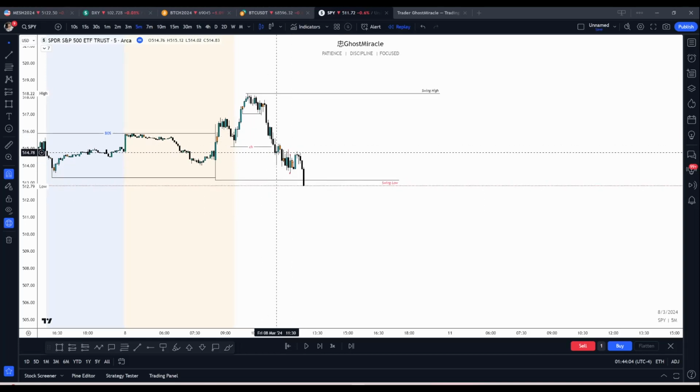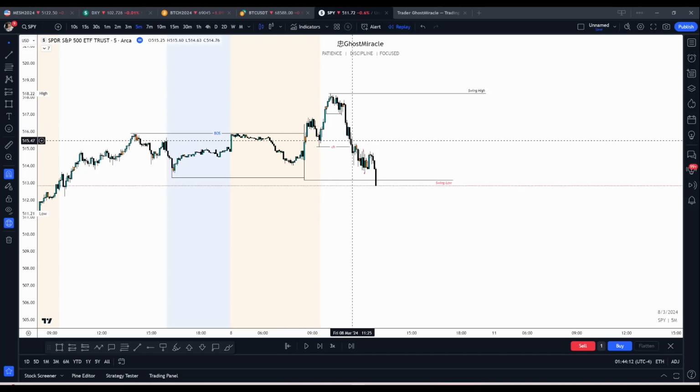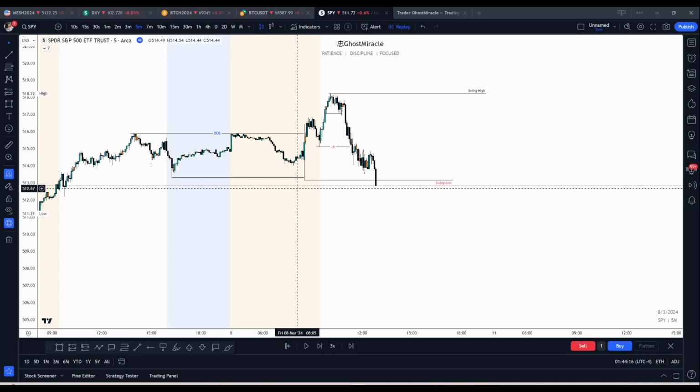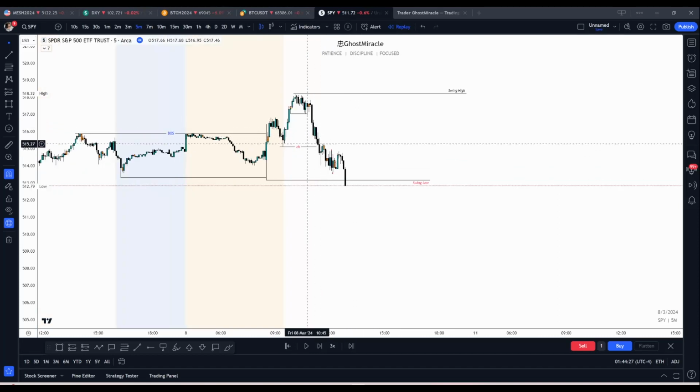The only type of buys that I would be looking for in this scenario would be counter trend, right? Because overall swing structure is bullish, but internally we're showing bearish indications.